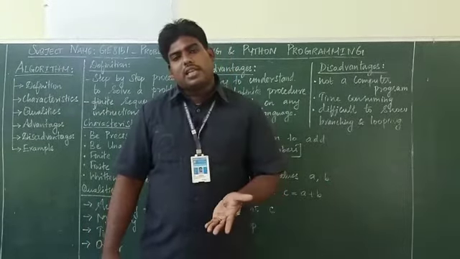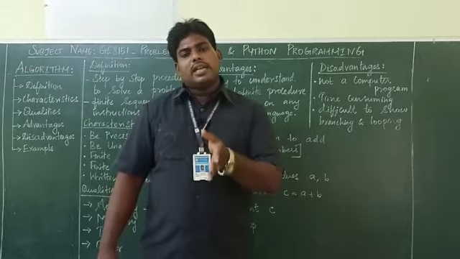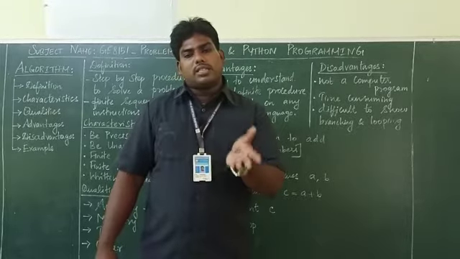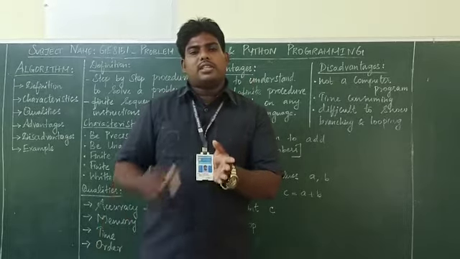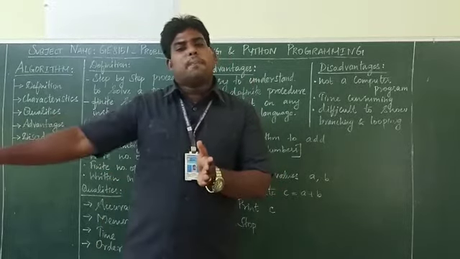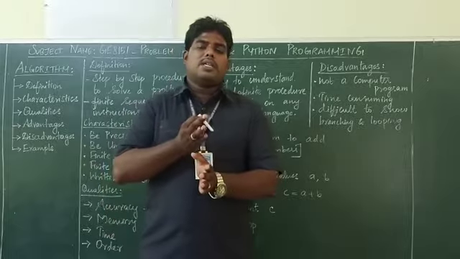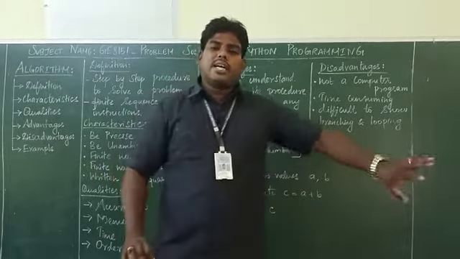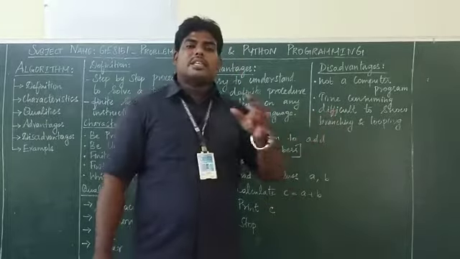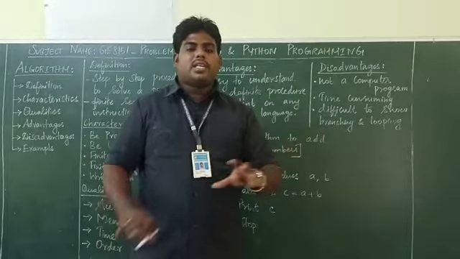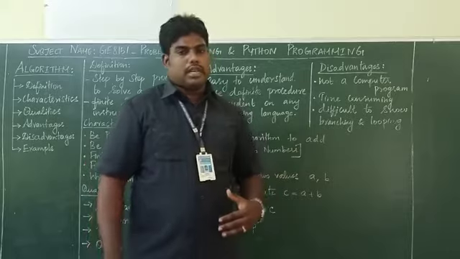So what's the condition there? The condition is whether x is greater than 0 or less than 0. If the condition is true, for example, if it is greater than 0, it will take the positive choice. If the number is less than 0, it will take the negative choice. So branching is nothing but selection. Depending upon the condition, any one choice will be selected.